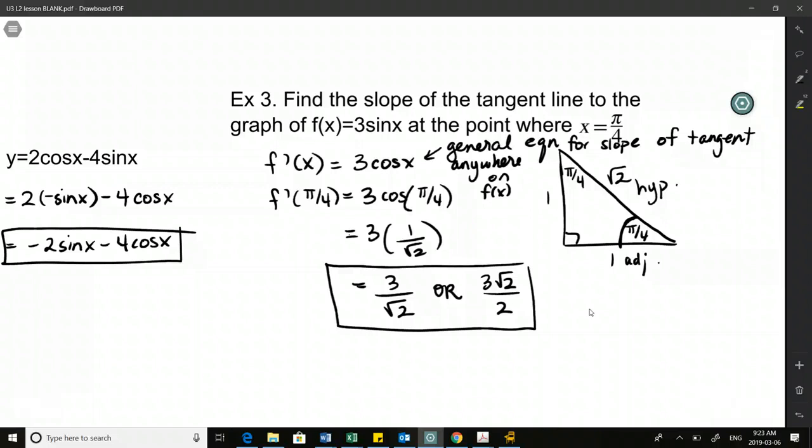Okay, so that's the definition of the derivative, right? It's slope of the tangent anywhere on the function. Good? Can we scroll?